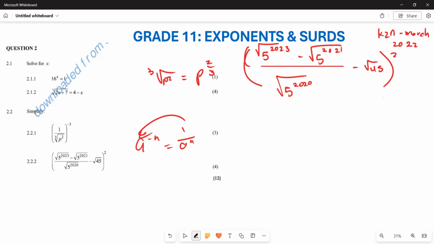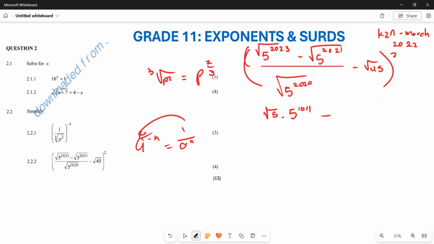This can be expressed in terms of root 5 multiplied by 5 to the power of 1011, altogether, and this is one and the same thing.